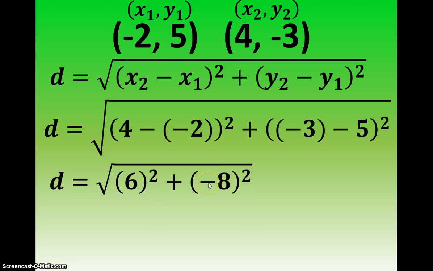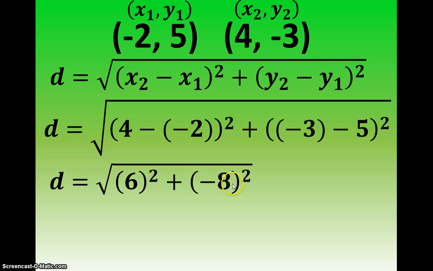Now, again, this is where we keep our parentheses in there, because if you're going to use your calculator, 6 squared is easy, that's 36, but it's -8 squared. If you plug this into your calculator, please make sure that you put parentheses around it, because it's going to screw up your answer if you don't. Without parentheses, it's going to square the 8 first and then make it negative.